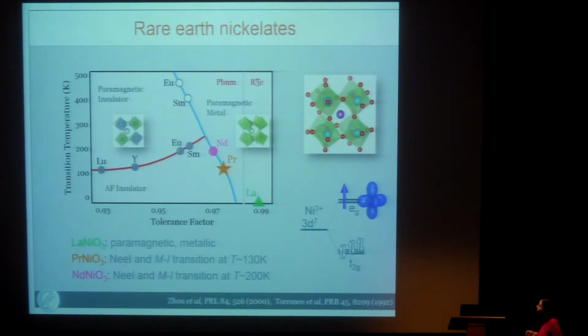The neodymium and praseodymium nickelates actually show Néel and metal-insulator transitions around 130 and 200 K. Formally, the nickel is in a 3+ valence state, and due to the crystal field, these atomic 3d states are split into a t2g and an eg manifold, and the 7th electron is occupying the open eg shell.